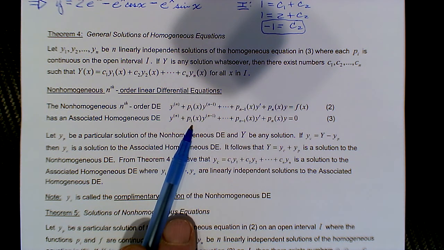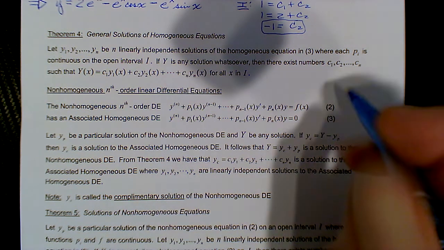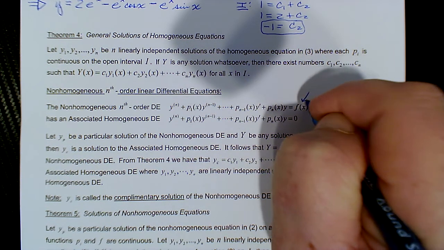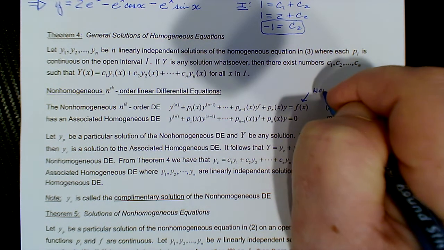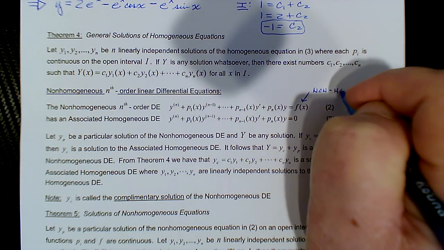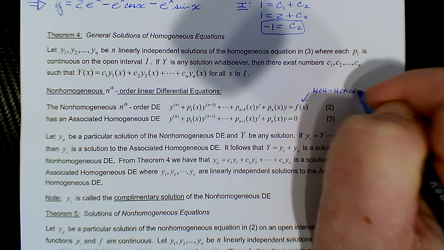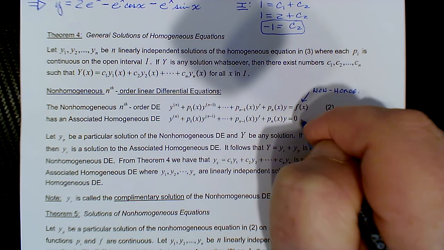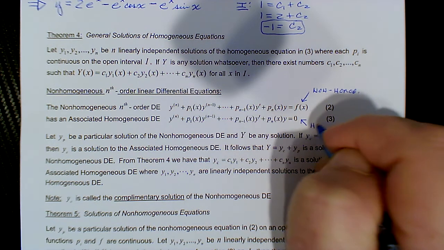So remember, it's basically because it's a function that it's non-homogeneous, and when it's equal to 0, it's homogeneous.